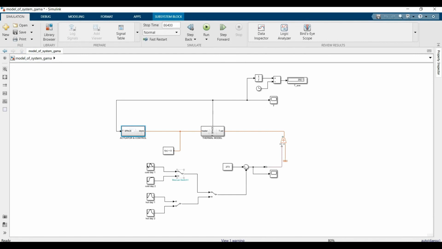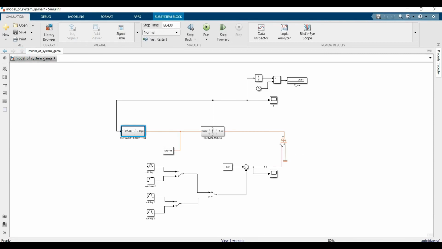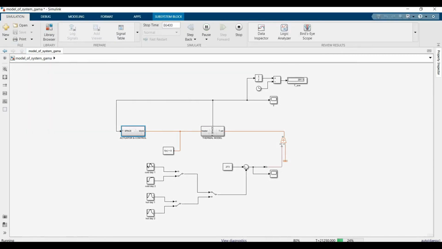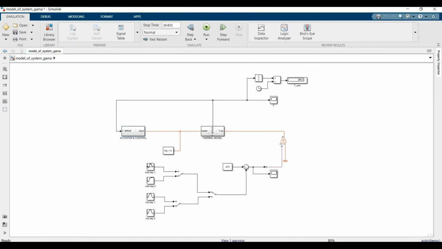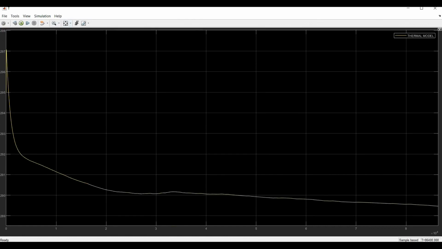Now we choose the cold day 2, and we don't consider the control and generated heat, and run. As you can see, the temperature average is 290.2, and the temperature variation of the space is like that.